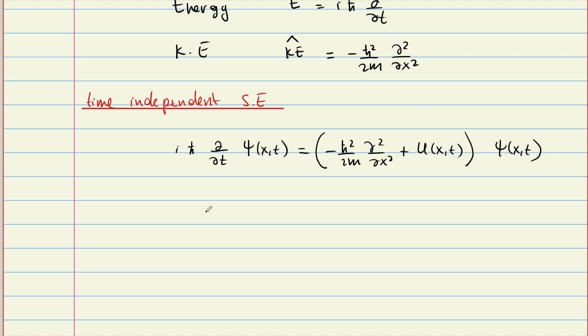And I say, suppose u of x comma t only depends on x, u of x. That's the meaning of this equation. So that means you have a potential that is independent of time. Then x and t are separable.